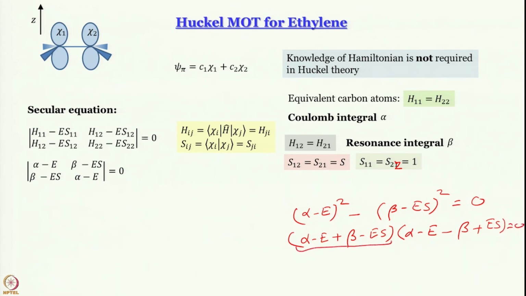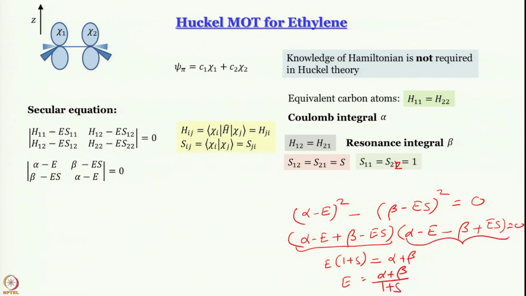Setting the first factor to be equal to 0, what do you get? You get E multiplied by 1 plus S is equal to alpha plus beta, or E is equal to alpha plus beta divided by 1 plus S.